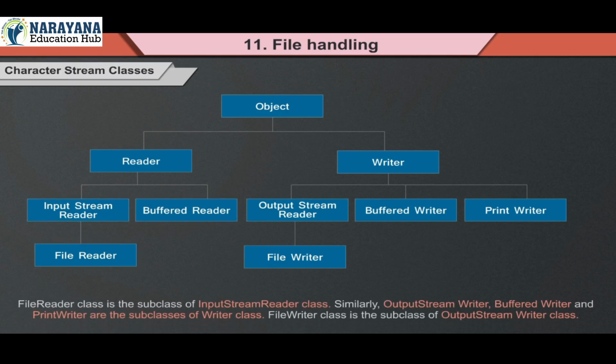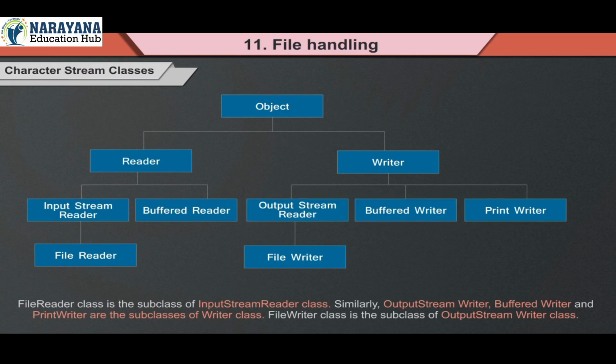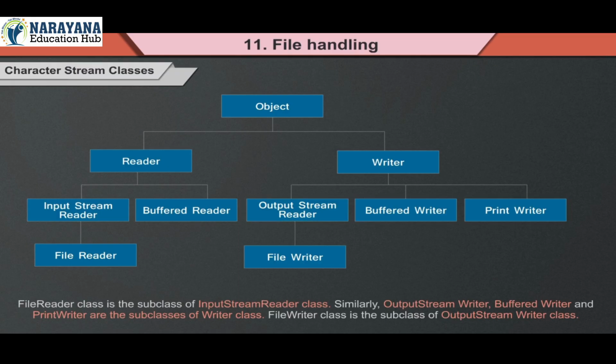FileReader class is the subclass of the InputStreamReader class. Similarly, OutputStreamWriter, BufferedWriter, and PrintWriter are the subclasses of the Writer class. FileWriter class is the subclass of the OutputStreamWriter class.